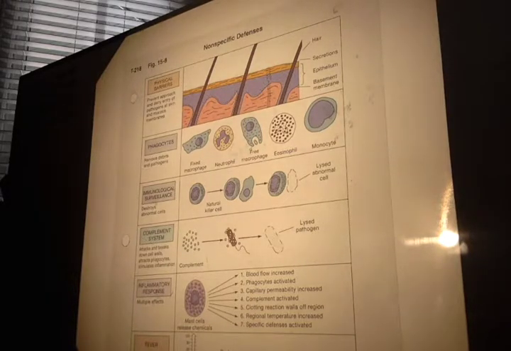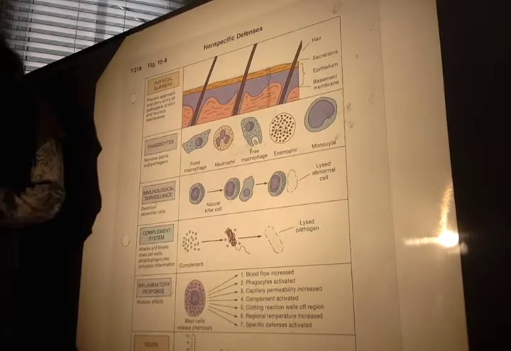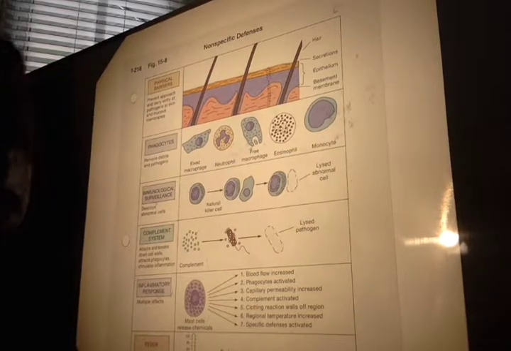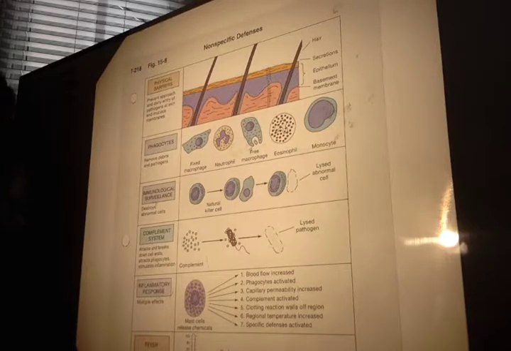Viruses are also involved in producing cancer, and there's some really interesting reasons for that. I'm not exactly sure. I think we'll get to that in micro. Viruses can actually insert their DNA into your DNA and screw it up.